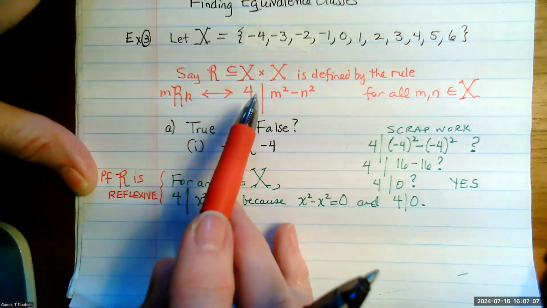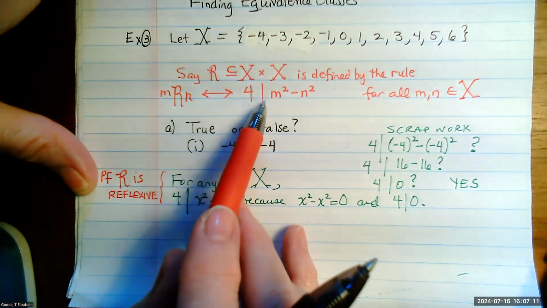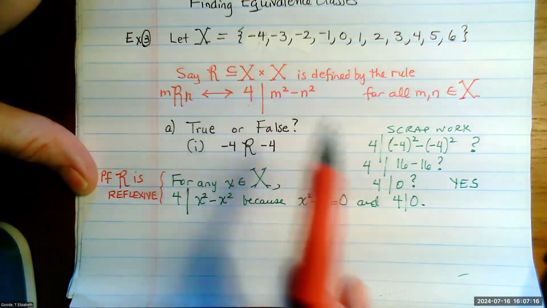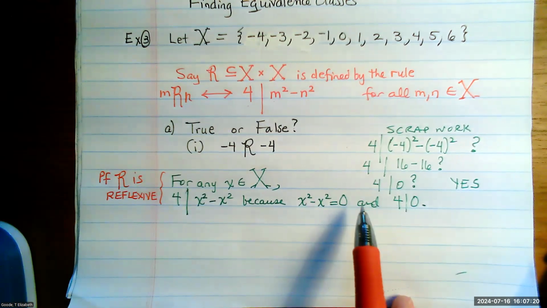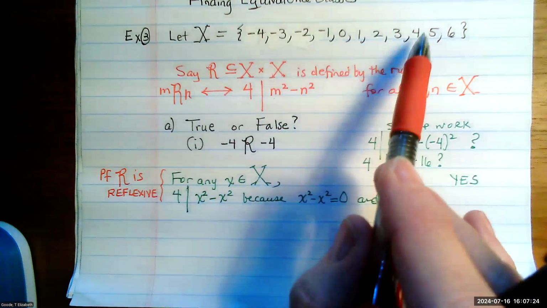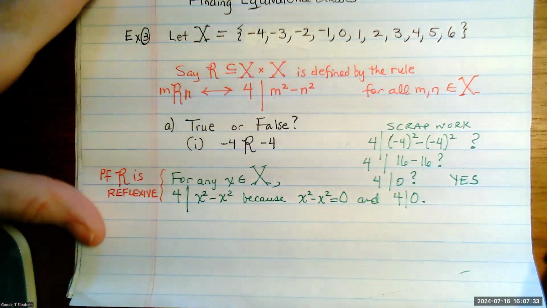This won't matter whether it's 4 or 5 or 3 or 2. 0 is divisible by every non-zero integer. Any legitimate divisor is going to divide 0. So each of these is related to itself, and that's good because it's an equivalence relation; it better have reflexivity. It's also going to have symmetry.